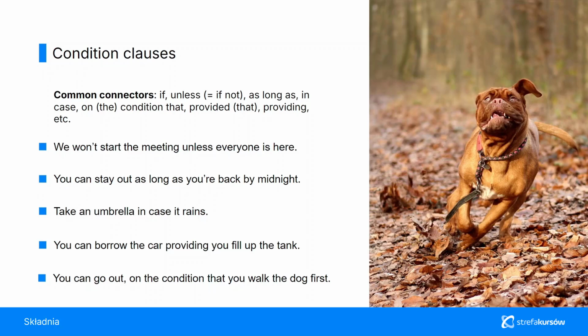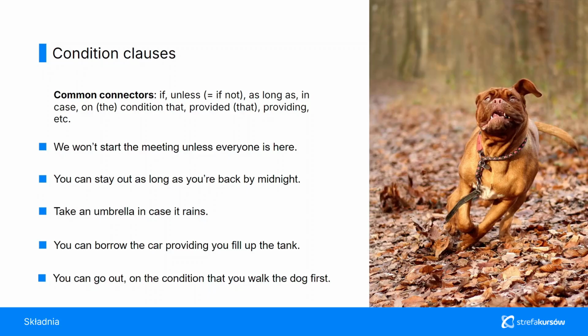Conditionals also consist of two clauses, and one depends on the other. So if you don't really remember exactly the rules of conditionals, don't worry, because we will definitely get back to them throughout this course. So stay tuned.